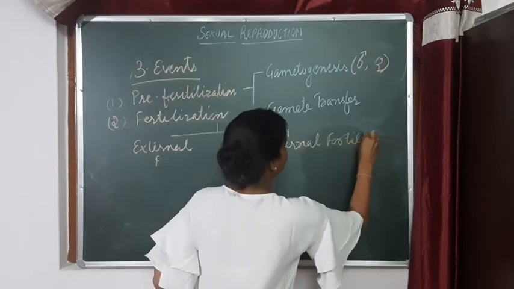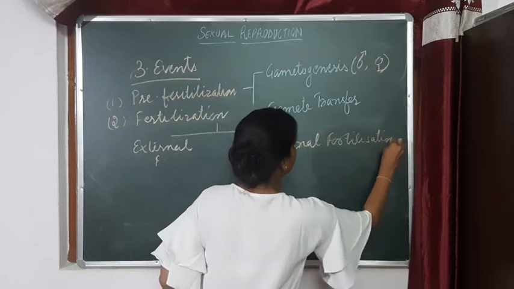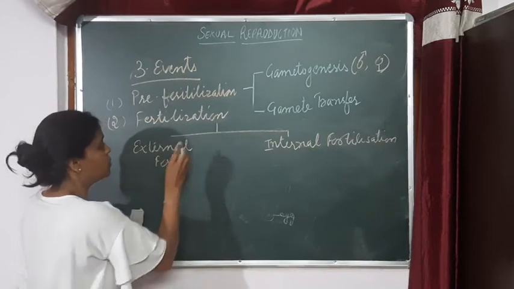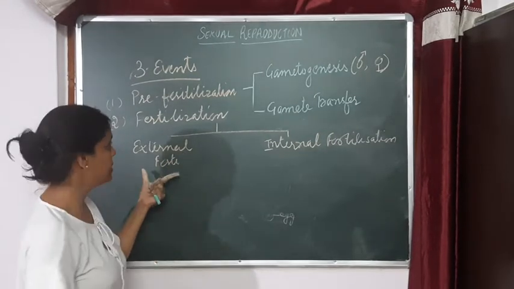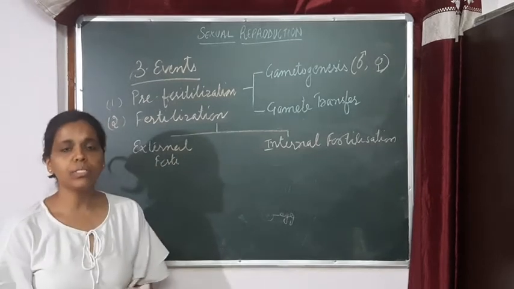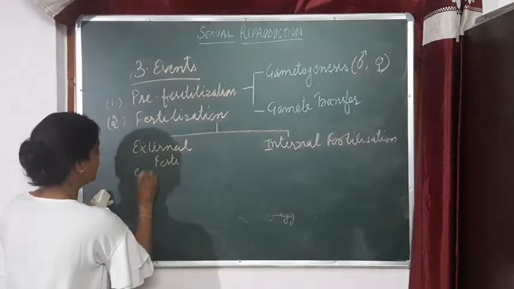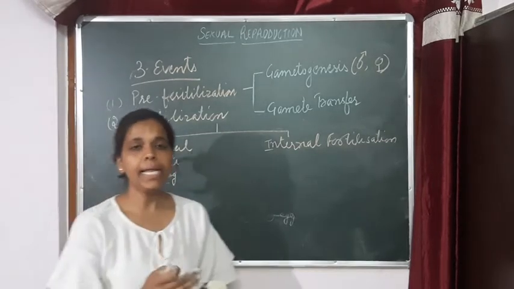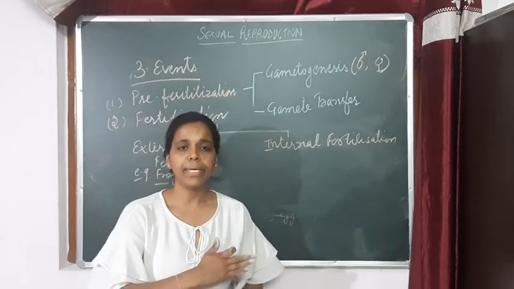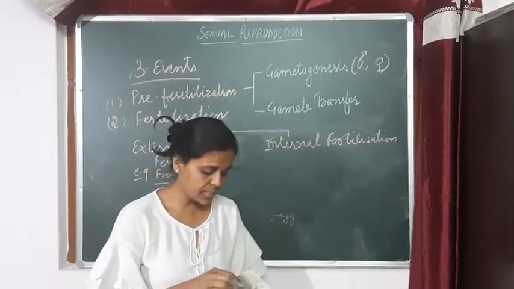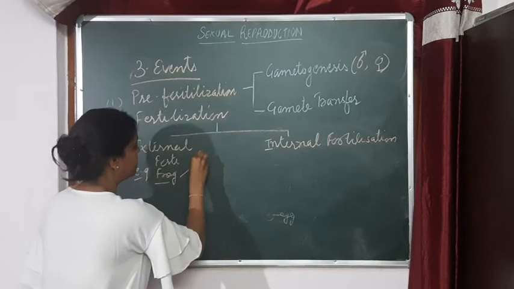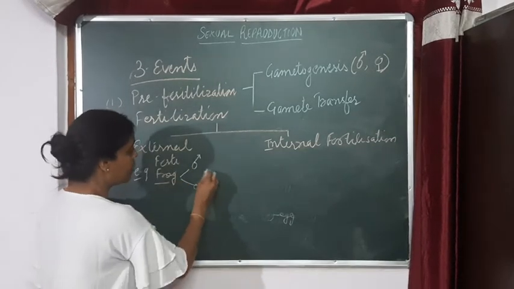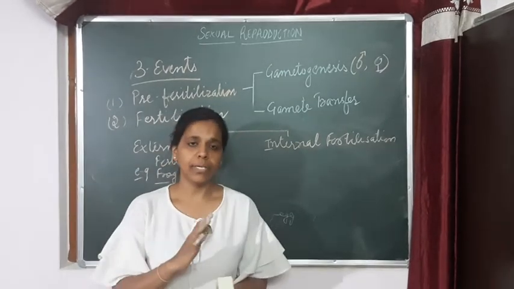As the name itself indicates, fertilization is occurring somewhere inside and somewhere outside. In external fertilization, fertilization is going on outside. For example, in a frog, the male and female gametes come from the male frog and the female frog. The gametes are now in the medium, like water.